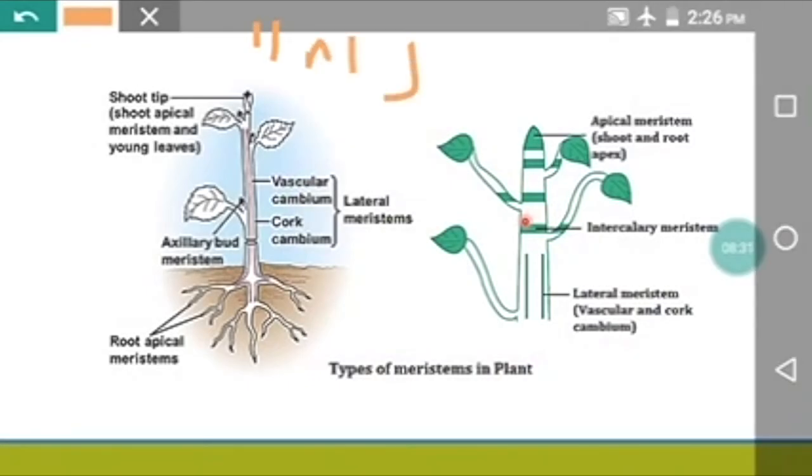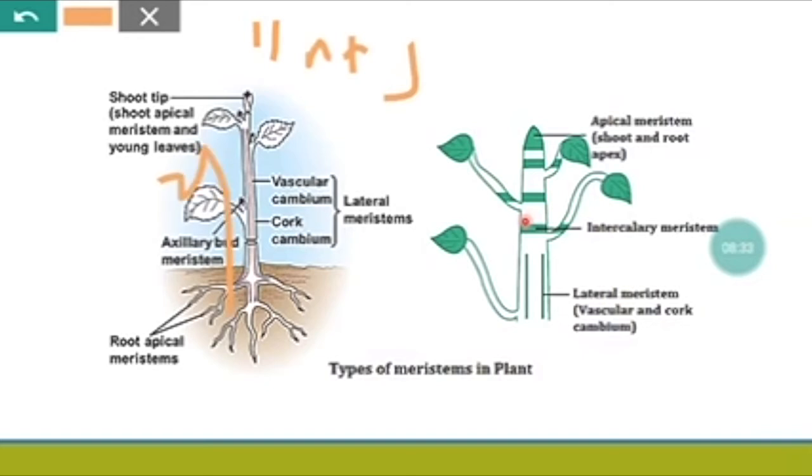The meristematic tissue also has the quality of self-renewal. This is another main character. If there is any damage in the plant body, it automatically undergoes self-renewal or mechanical repair, because the cells divide continuously. That is why another main character of the meristematic tissue is the quality of self-renewal.